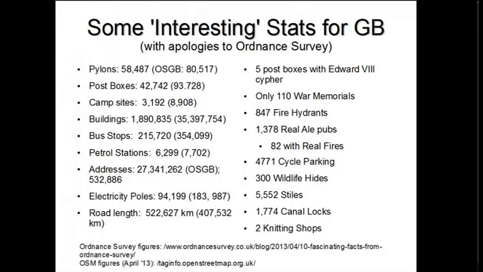Virtually all these figures came from Tag Info, and on this slide I selected some of the more esoteric things which I thought the National Mapping Agency did not map, things like whether a pub had a real fire or not. So part of analysis is to look for fun things, but also it teaches us something about our data.